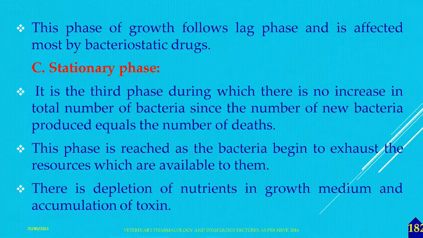So this is a constant phase, reached as the bacteria begin to exhaust the resources available to them, especially the culture media. Also, there is a depletion of nutrients in the growth medium and accumulation of bacterial toxins. The bacterial toxins itself will kill the bacteria, and then the next cycle starts again with the lag phase, then the log phase.